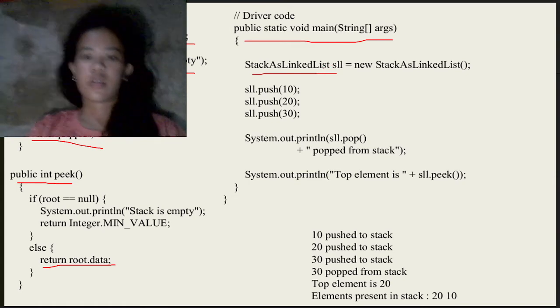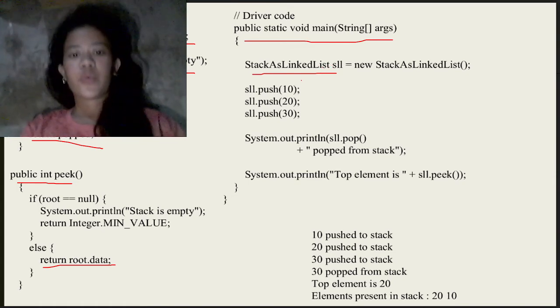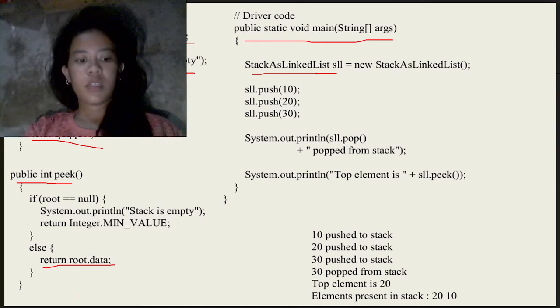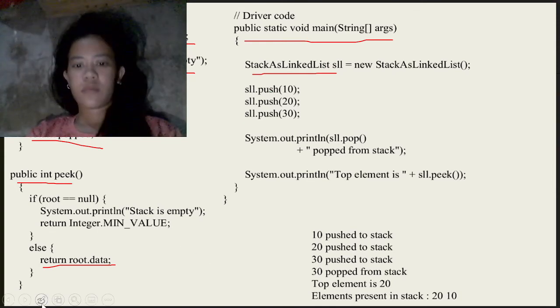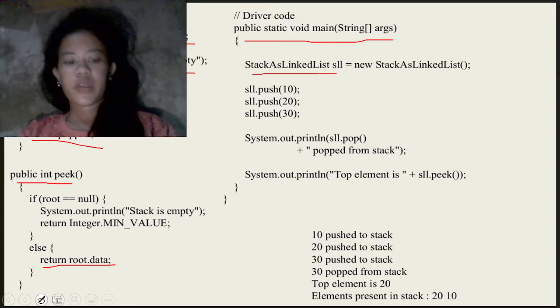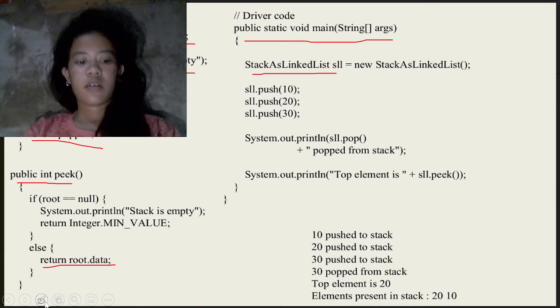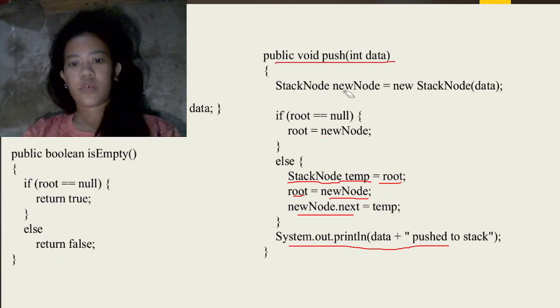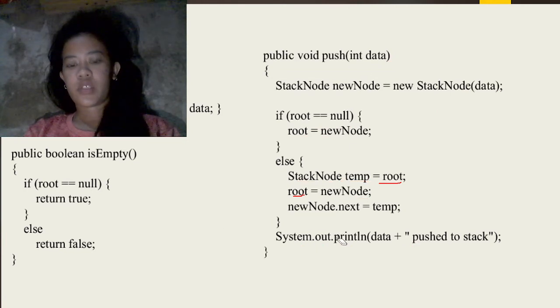So we have push 10 here. How did we get this 10 pushed to the stack? Here we're going to push 10.